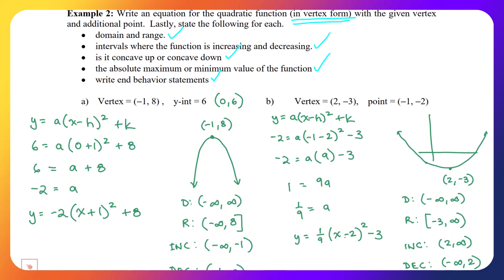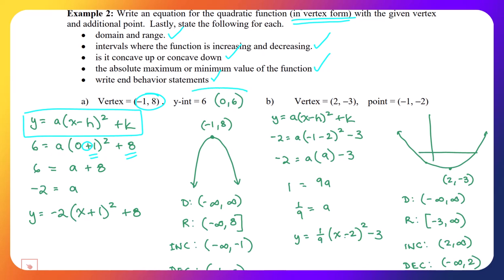So, here's our blank vertex form. They give us the vertex. I plug in the h and the k. Again, don't forget, subtraction is part of the formula, so subtracting a negative 1 is plus 1.